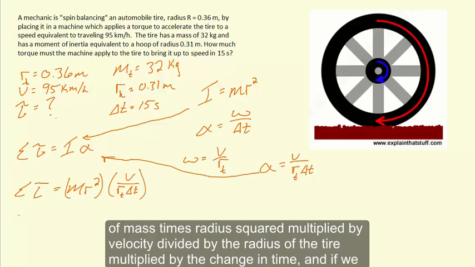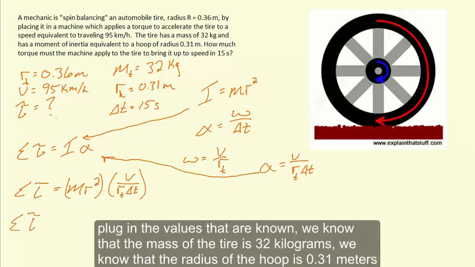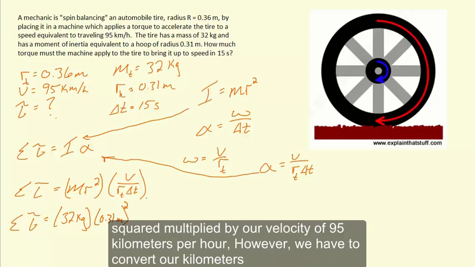And if we plug in the values that are known, we know that the mass of the tire is 32 kilograms. We know that the radius of the hoop is 0.31 meters squared multiplied by our velocity of 95 kilometers per hour.